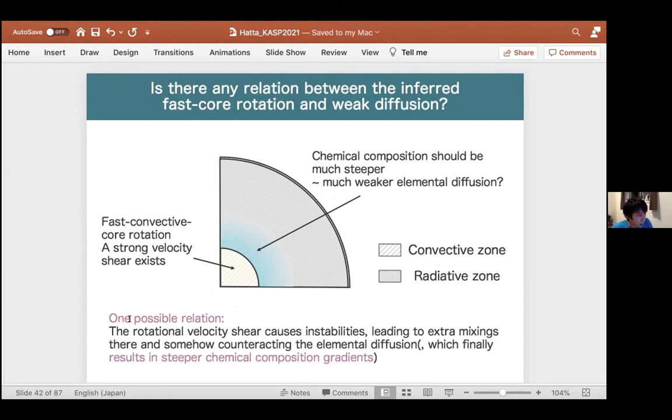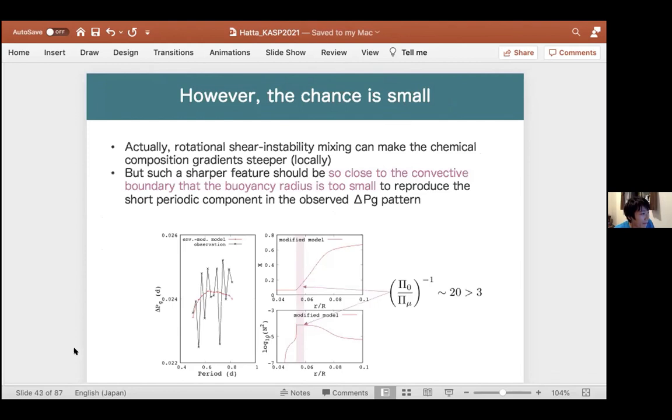This scenario is attractive because it somehow resembles what is happening at the solar tachocline. Actually, that chance is small, because rotational shear instability mixing can make the chemical composition gradient steeper locally, but such a sharp feature should be so close to the convective boundary that the buoyancy radius is too small to reproduce the short periodic component.